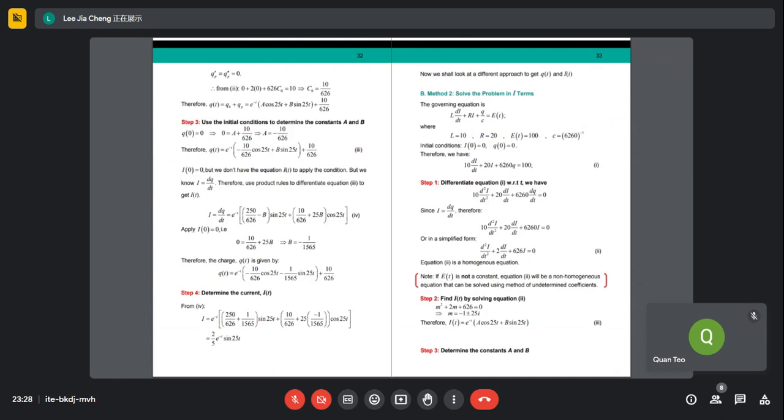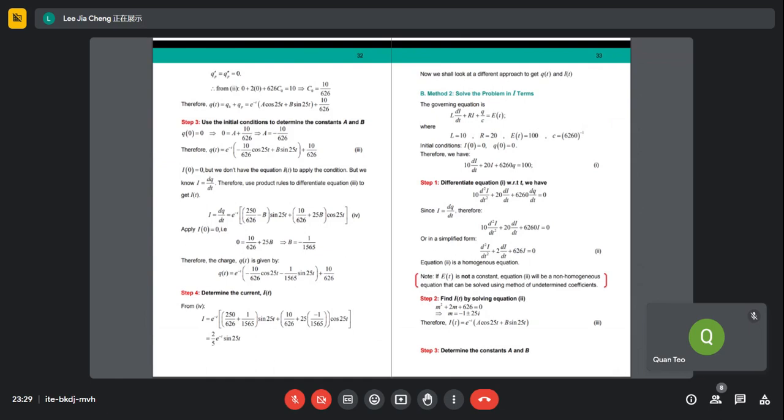We notice that this equation is a homogeneous equation, so we can solve it by the method of undetermined coefficients. We will have a characteristic equation, which is m squared plus 2m plus 626 equals 0.